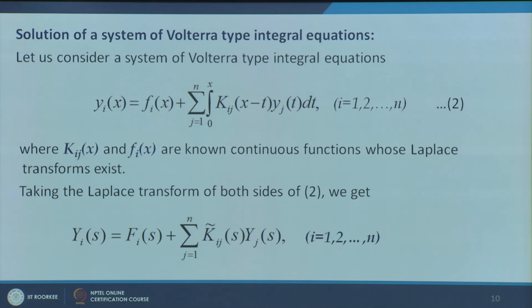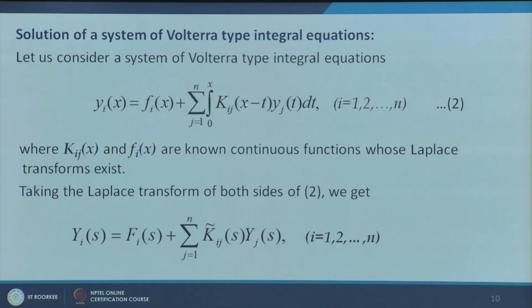So, we are assuming that the Laplace transforms of the kernel and the known function f_i(x) do exist, and then what we do is we take the Laplace transform of both sides of this equation. Let us denote the Laplace transform of phi_i(x) by capital phi_i(s) and the Laplace transform of f_i(x) by capital F_i(s), and then we have sigma j equal to 1 to n.